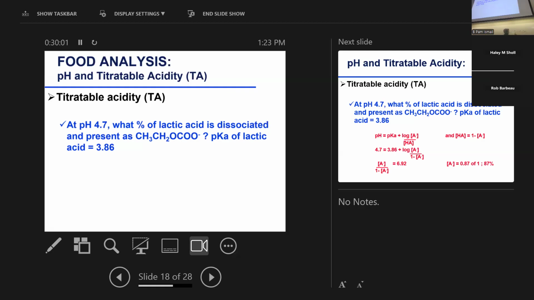So the 1 part or 100%, however you want to calculate it, equals the concentration. So in 1 solution, that's why it's 1 part, 1 solution, or 100% is the summation of this conjugate base and conjugate acid concentration.